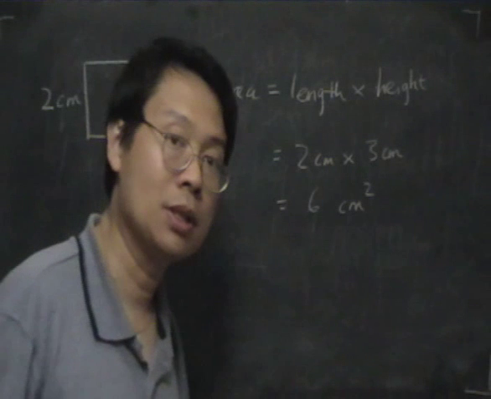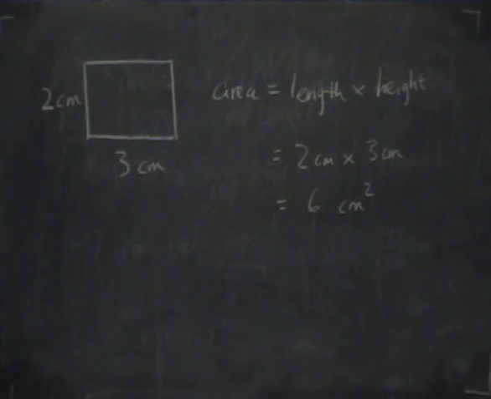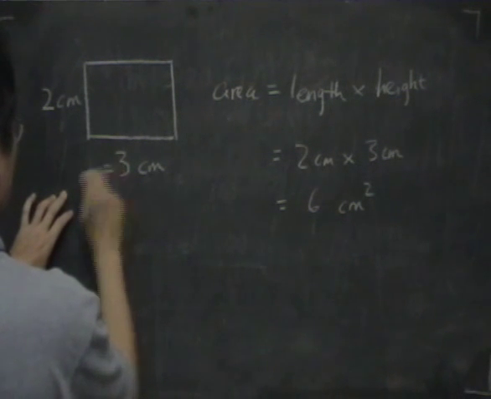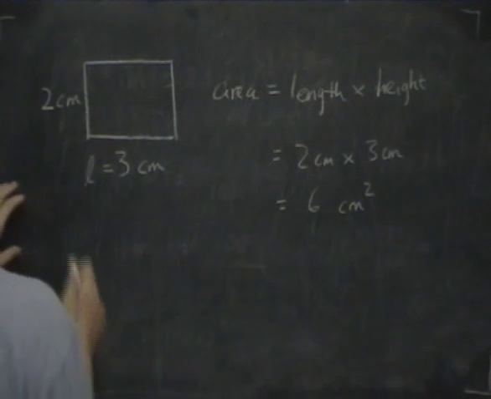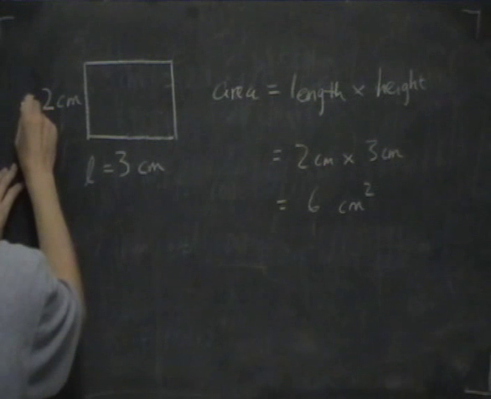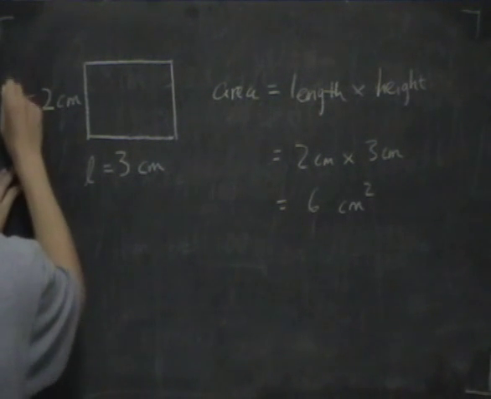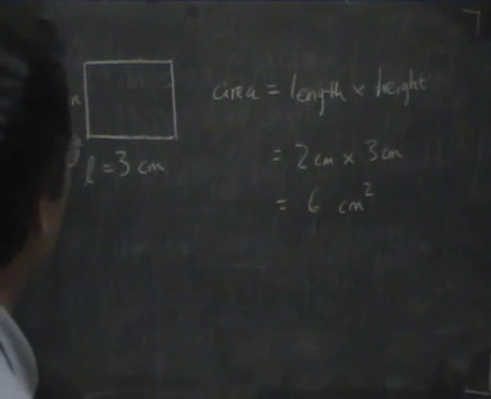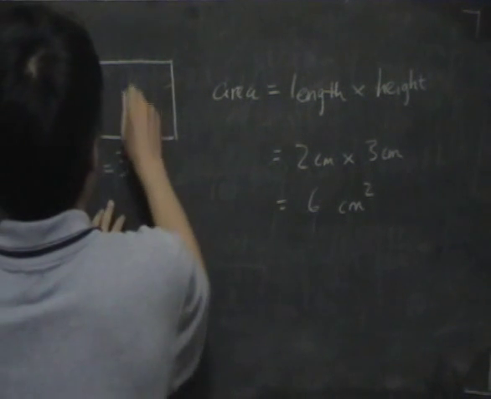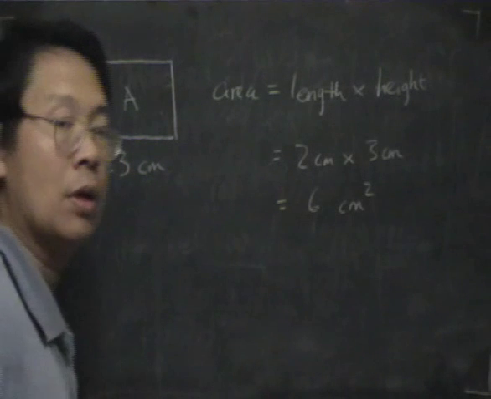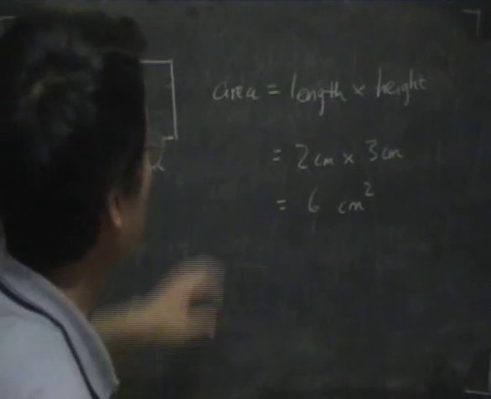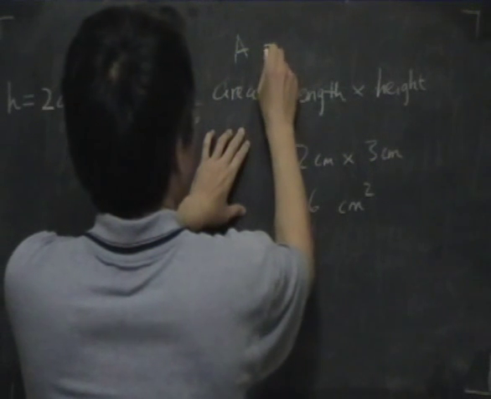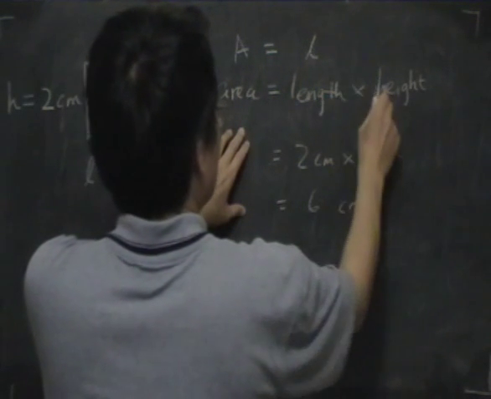So for example, in this case, I might represent this 3 centimeter by L and the 2 centimeter by the height, for example. And then the area by A. So I can also write this word equation as A is equal to length times height.